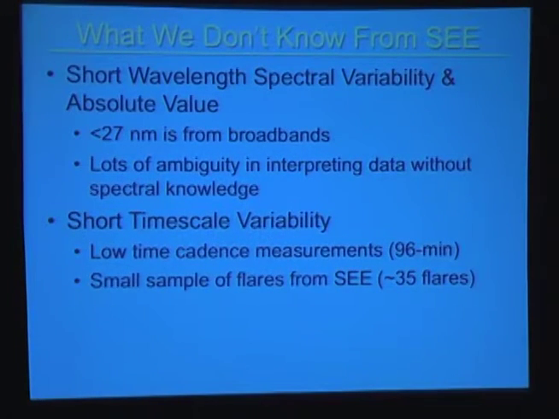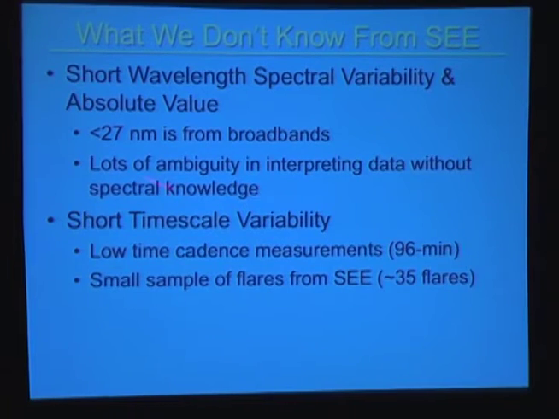So what we didn't know from C was we didn't understand very much the short wavelength spectral variability. Like I said, we had to use a model, and that model was just really guesswork based on our broadband measurements.